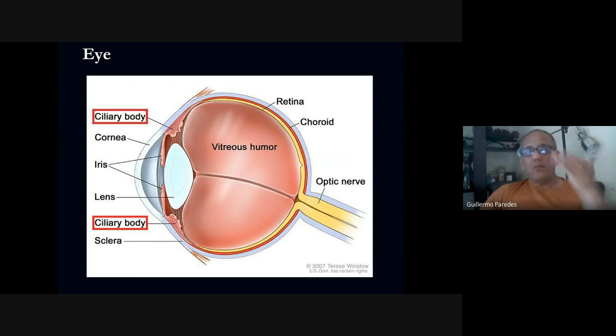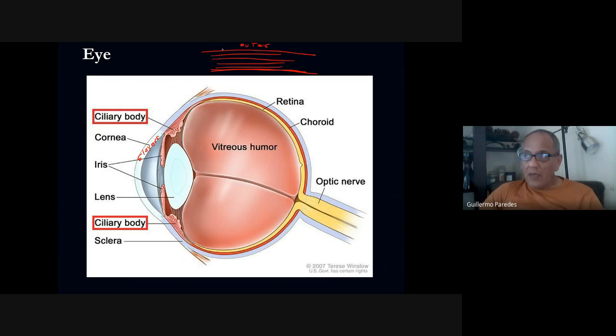The cornea is the most anterior portion of the eye, and the cornea has 5 layers. If you don't want to remember 5 layers, don't, but I'm telling you, we have 1 layer, 2, 3, 4, 5 layers. The first is the outer layer, the outside of the eye.